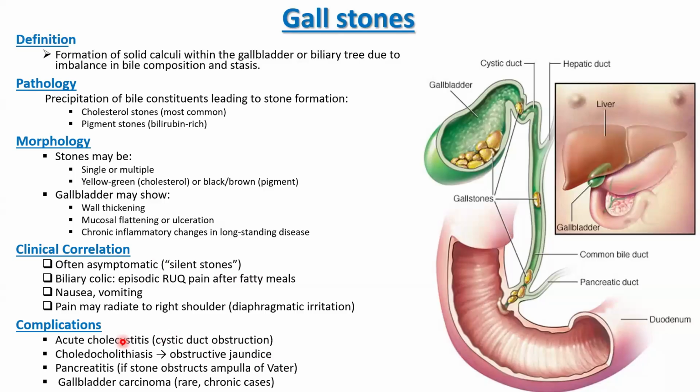Inflammation of the gallbladder is known as cholecystitis. So due to the presence of these stones, that can lead to inflammation. Or choledocholithiasis, which leads to obstructive jaundice, when there is obstruction of the ducts in the biliary tree.